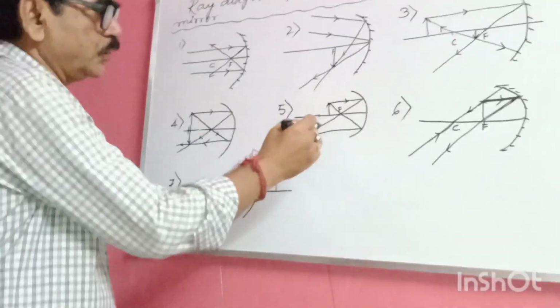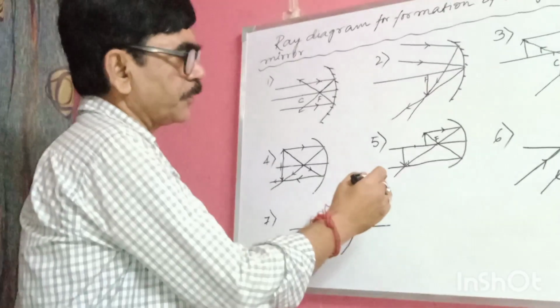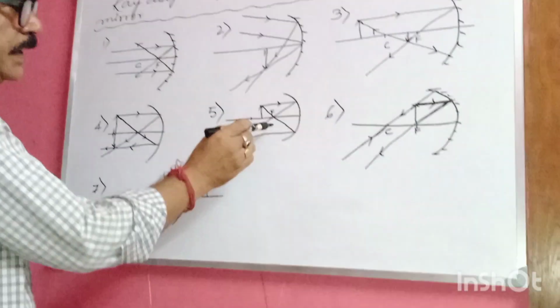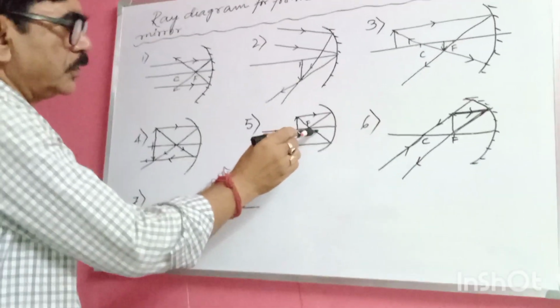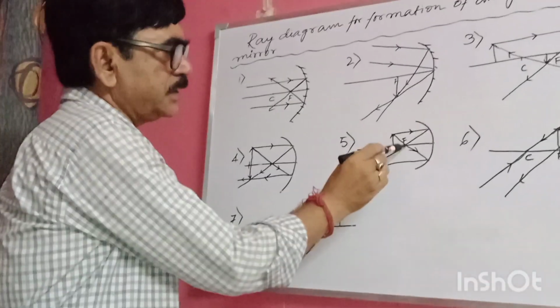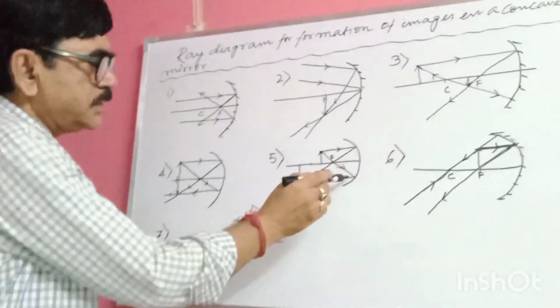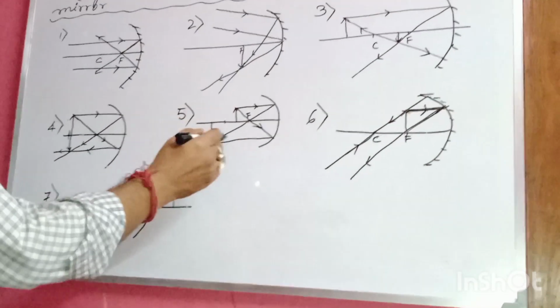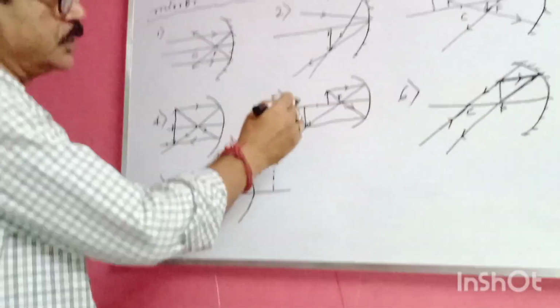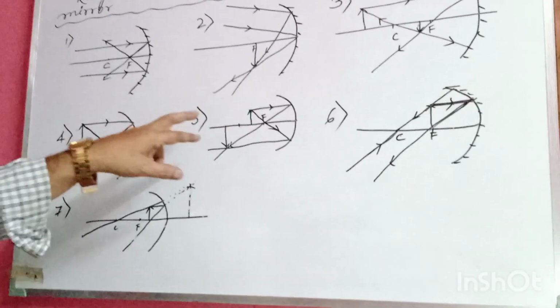It will move through this diagram, this ray. Another ray which passes from the focus must pass parallel to the principal axis in this way. So an enlarged inverted image will be formed.